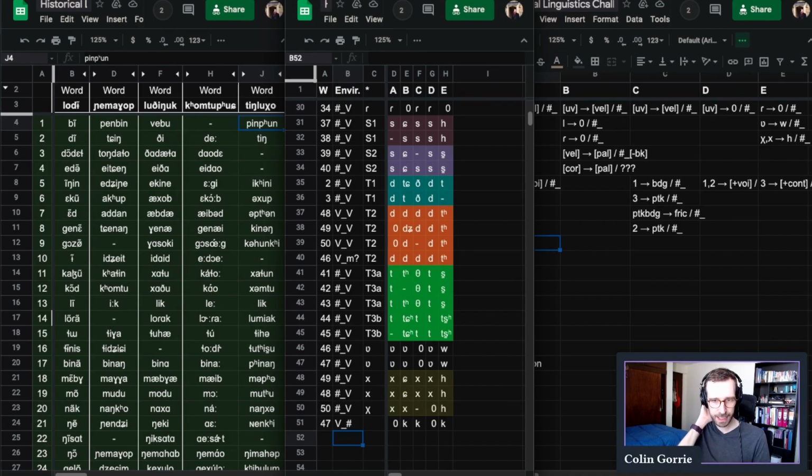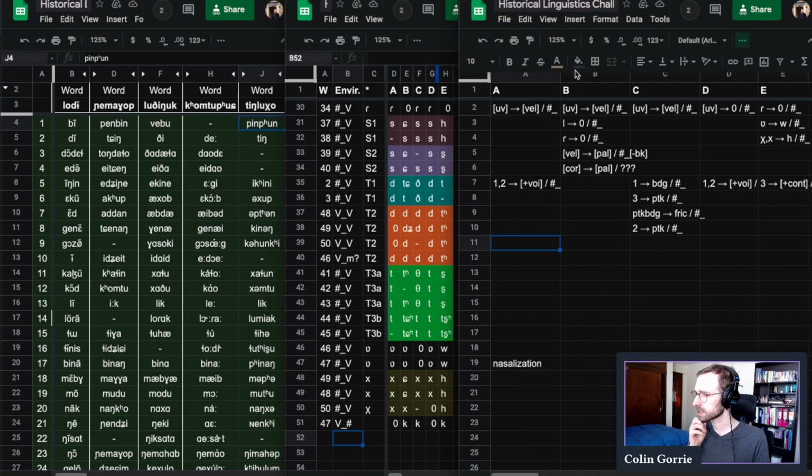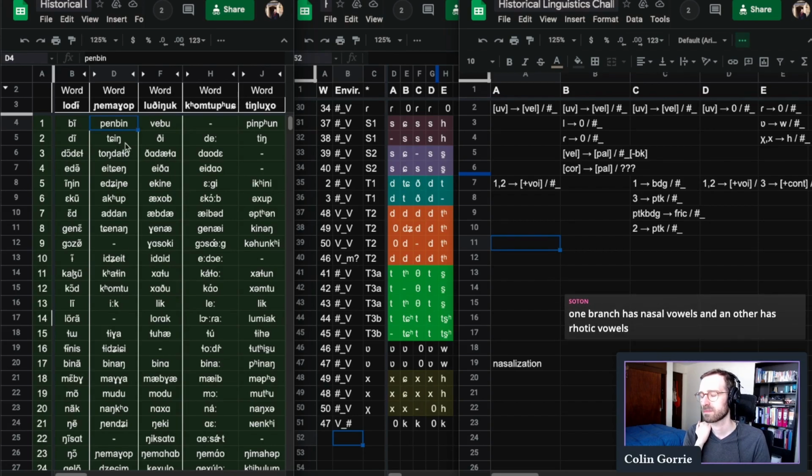All right. So you can see here, let's start with some word initial vowels to help us out a bit. So let's look for reference at language B, because it seems to have maintained the CV skeleton of the proto-language. Well, one assumes.